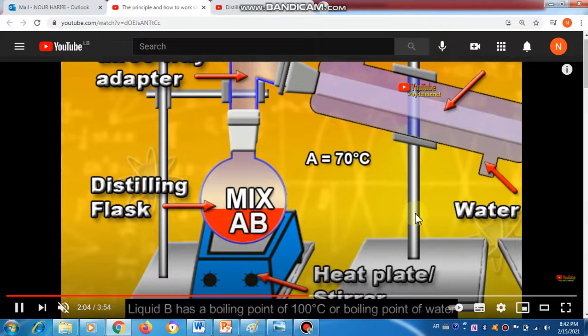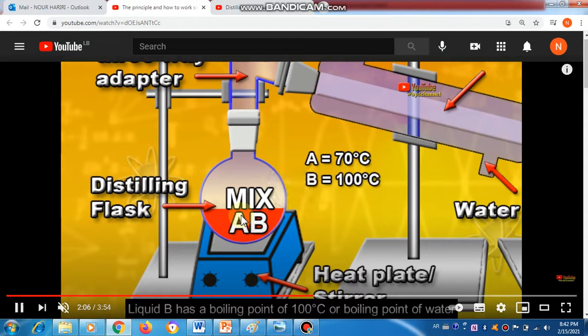Sorry, it's not water. A is alcohol, B is water. A has a boiling temperature 70 degrees Celsius, while B has a boiling temperature 100 degrees Celsius. Okay, we mixed them. They have different boiling temperatures since they are different substances.